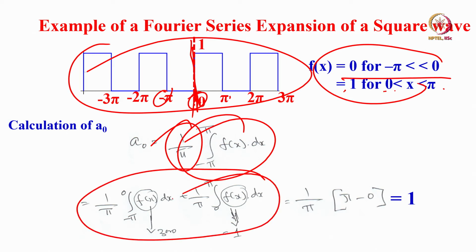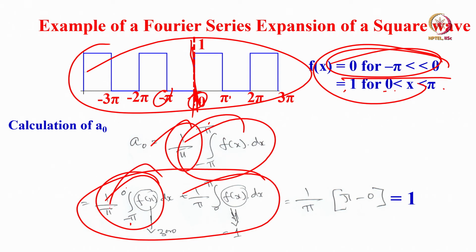Now this is resolved into two terms. How? Minus pi to plus pi, I wrote as the integral from minus pi to 0 of f(x) dx plus the integral from 0 to plus pi of f(x) dx. I just resolved it into two terms. Minus pi to 0, what is f(x)? It is 0, so this term is 0. For 0 to plus pi, what is f(x)? It is 1.